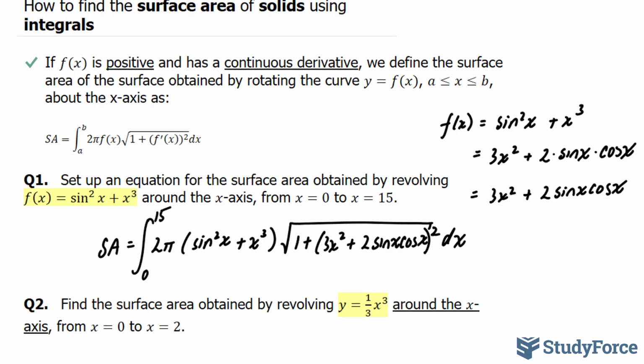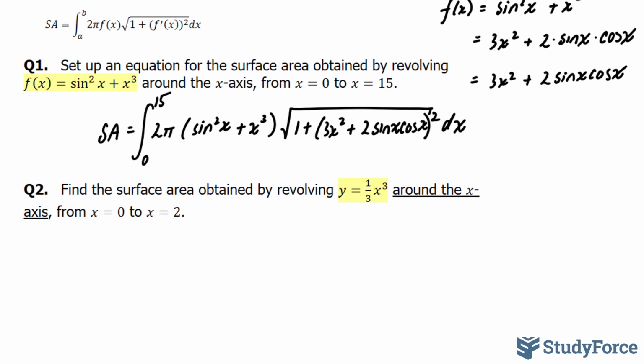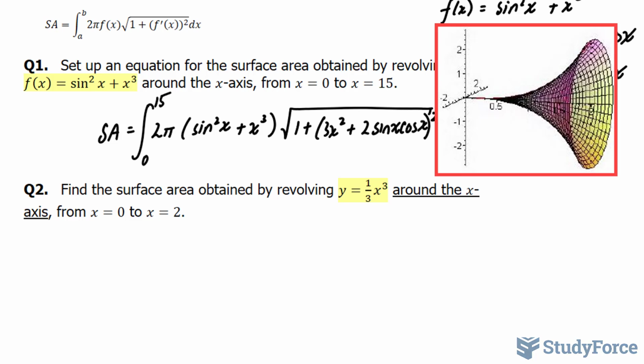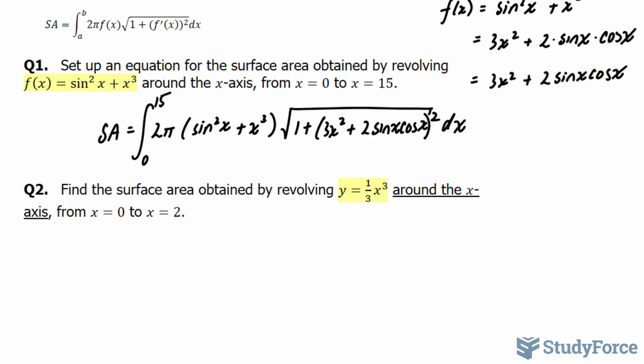For question 2, they ask, find the surface area obtained by revolving y is equal to a third x to the power of 3 around the x-axis from x is equal to 0 to x is equal to 2. A visual representation of this function between these two bounds is shown to your right. Once again, we'll need to find the derivative of this function, but unlike before, we actually have to find the surface area.